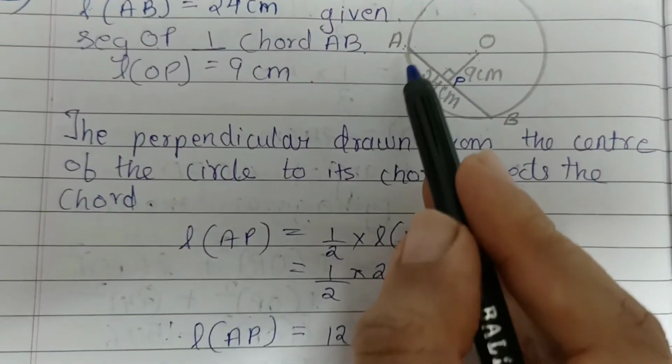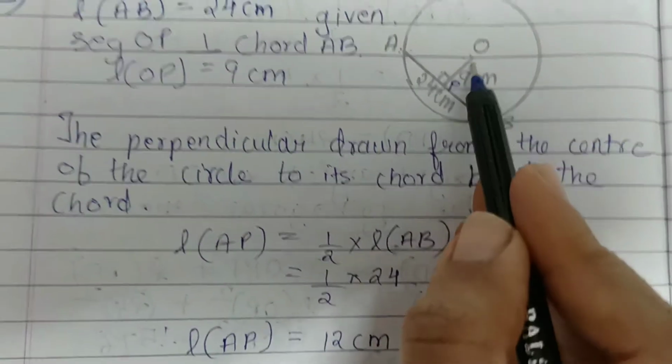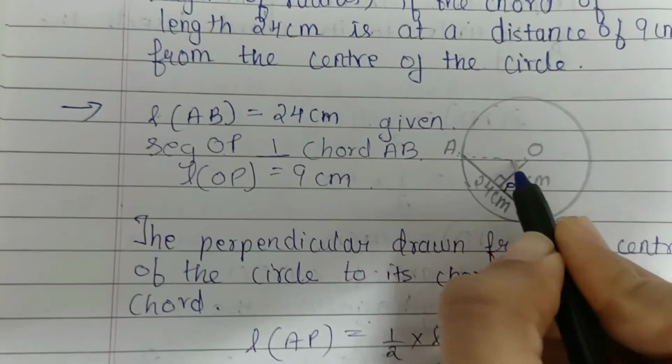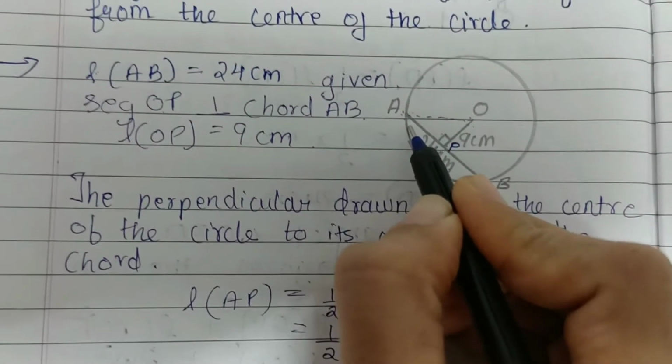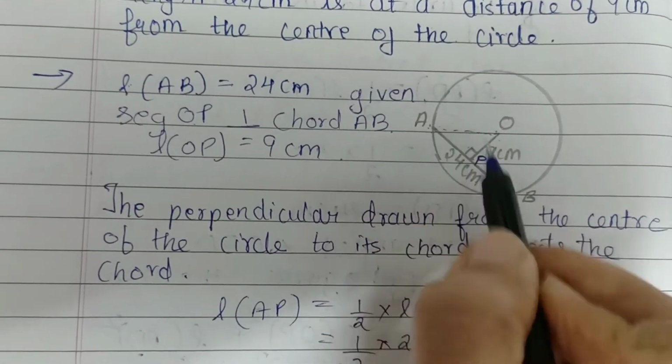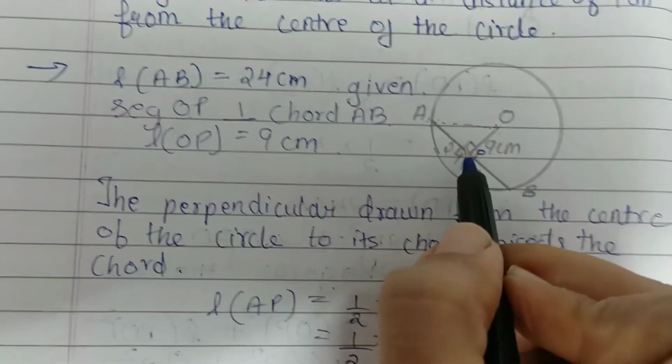So now we have got AP as 12 centimeter and OP as 9 centimeter. Now we have to find out this distance, that is segment OA. Over here this is the hypotenuse. According to the right angle triangle we use Pythagoras theorem.